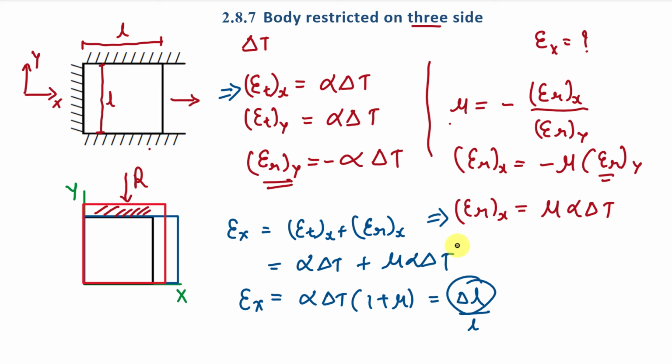Fine. So I hope that you understand how to find value of strain in this type of body. This example is not important as per the GATE point of view, but I have given you this example for your better understanding. Fine.